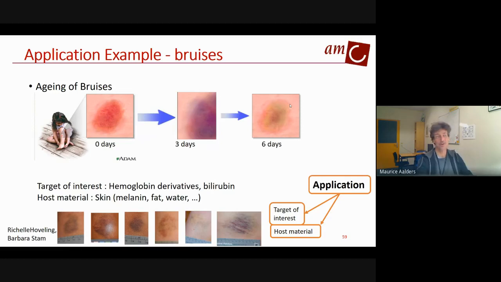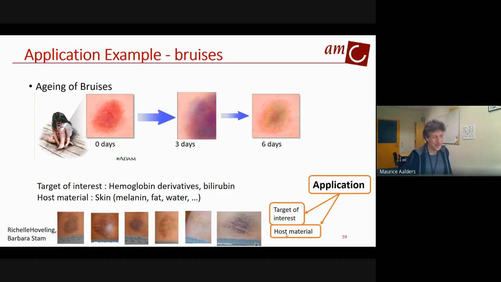But they all have very specific absorption profiles in the visible part of the spectrum, which is very good because cameras in the visible part are cheap, and it's easy to work with. You don't have UV radiation, you don't have very expensive near infrared spectrographs.